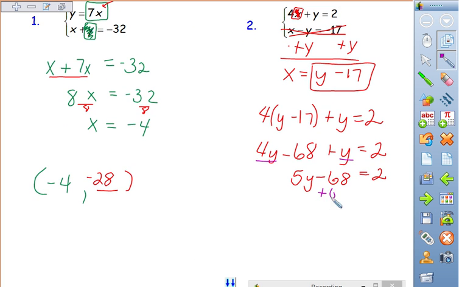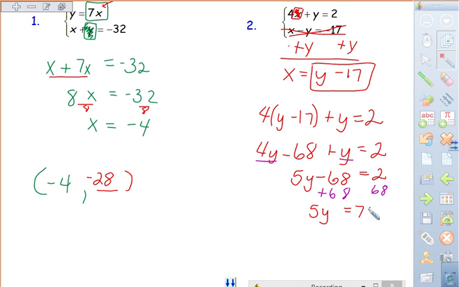Then I'm going to add 68. Divide by 5, and the first half of my answer is 14. So notice that's a y value, so it goes second. So we still have to find the x value.